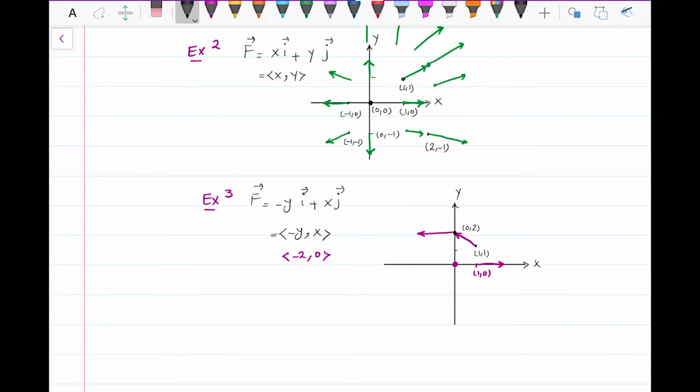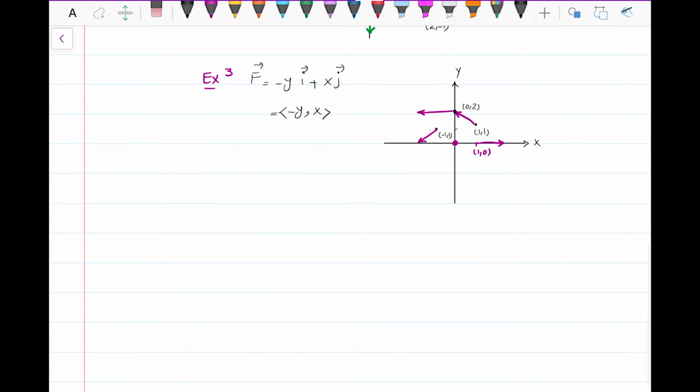For example, at this point in here, which is the point -1 and 1, when I plug it into here, y is -1 and then x would be -1. So I get this vector, which looks like this. Okay, so basically this is a vector field that gains a scale, and it rotates counterclockwise.